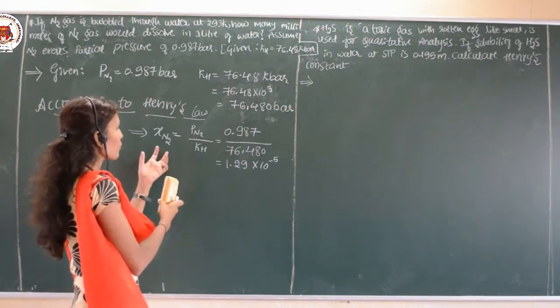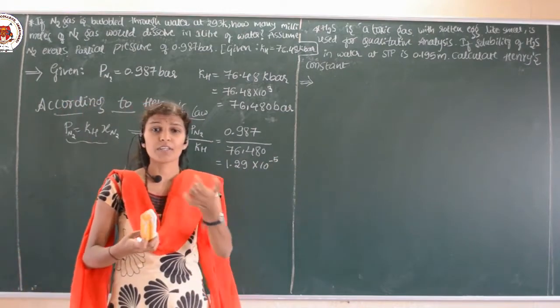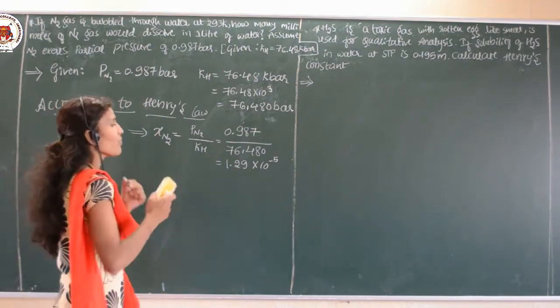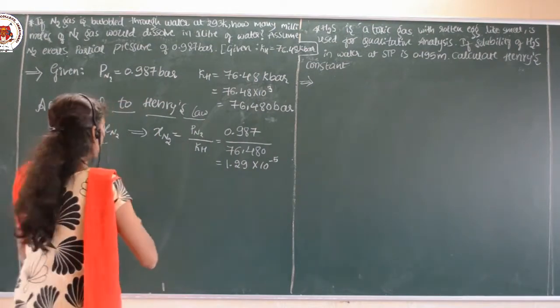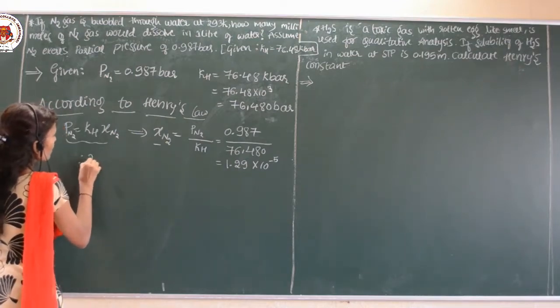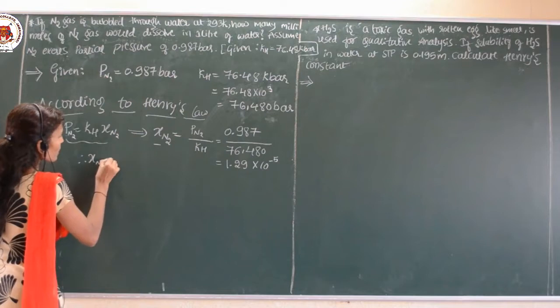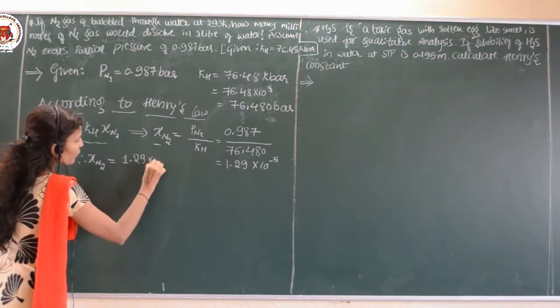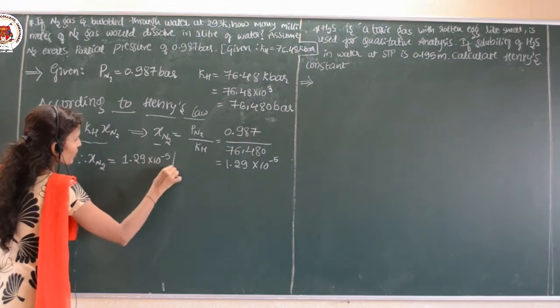Okay. As it is a mole fraction, there is no unit. So, we come to know that the mole fraction XN2 is equal to 1.29 into 10 to the power minus 5.